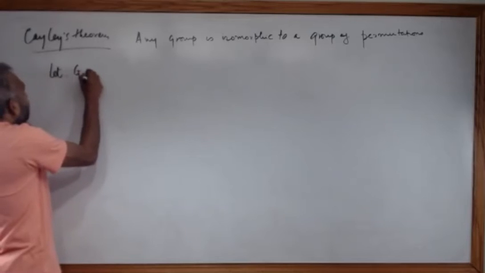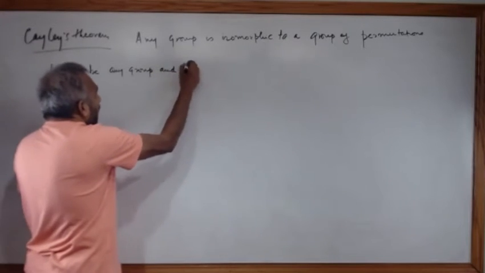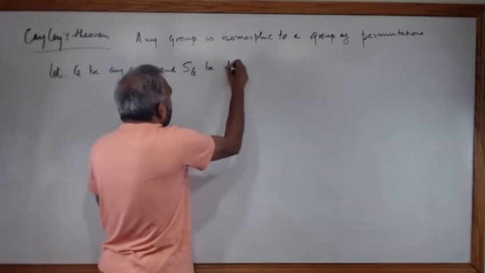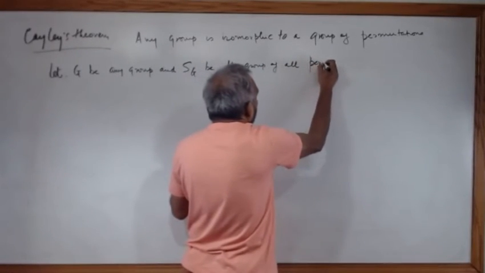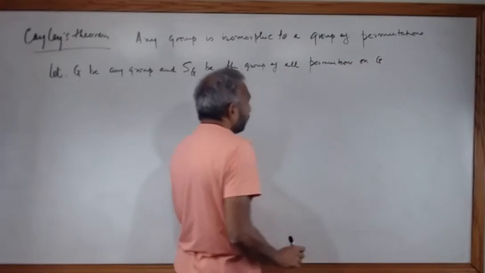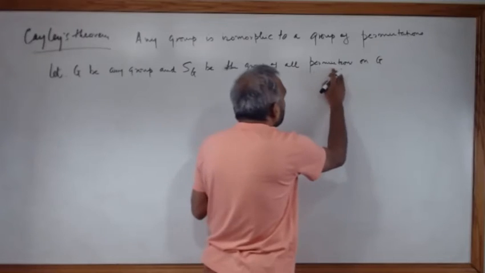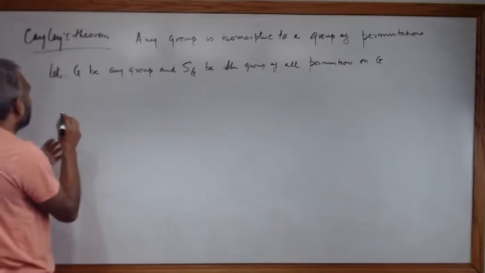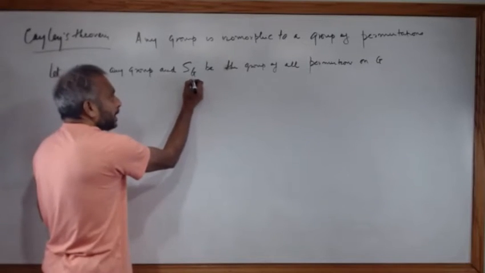Let G be any group and S_G be the group of all permutations on G. Permutations means a bijective map from G to G. Now we need to define a map from G to S_G.